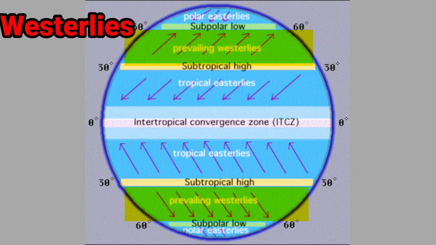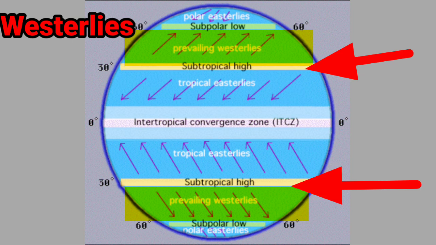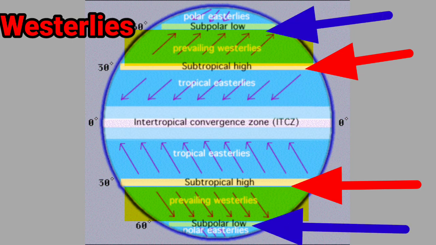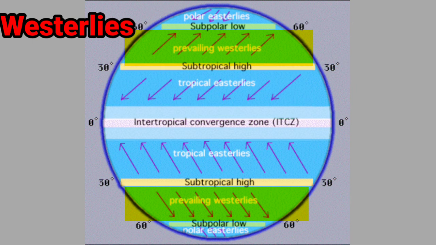Since these winds originate in the warm tropical regions and blow towards cooler regions, they are experienced as warm winds. They are not, however, as regular as the trade winds.